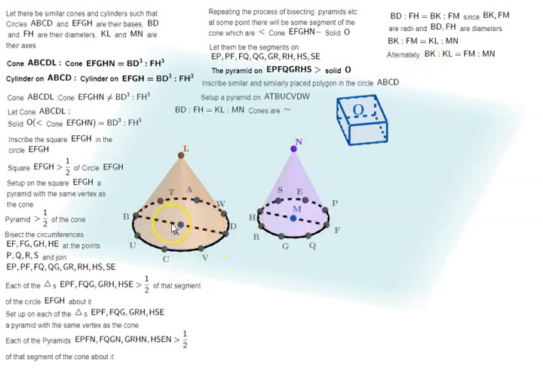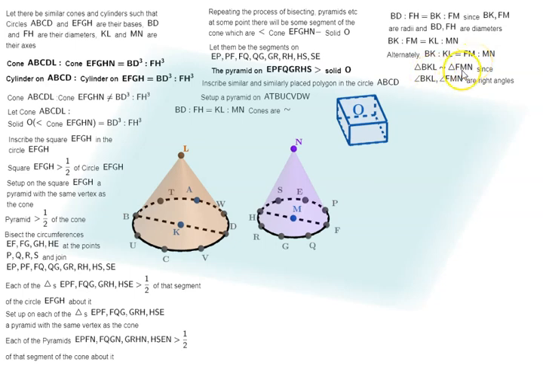So here BK is to KL as FM is to MN, which means triangle BKL is similar to FMN. Why? Because angle BKL is a right angle, similarly FMN is a right angle, and the sides about this equal angle are in proportion.